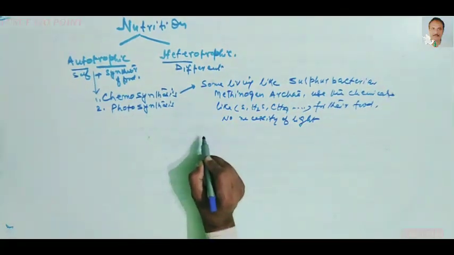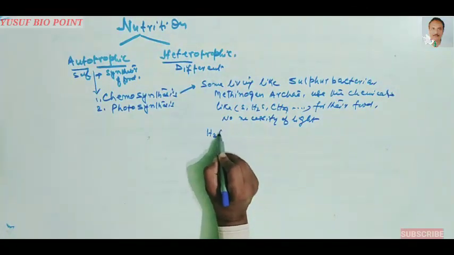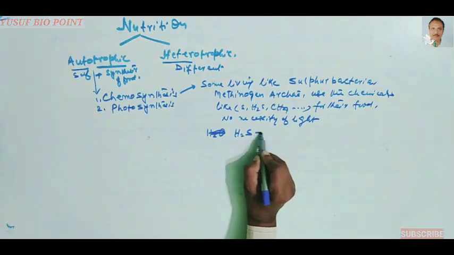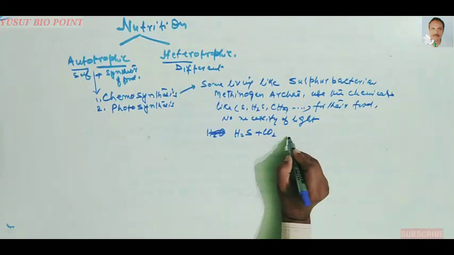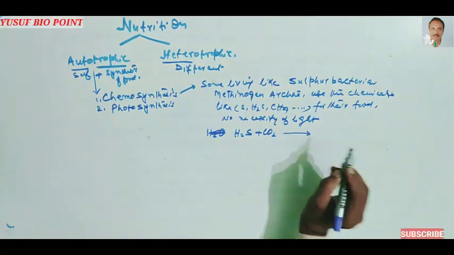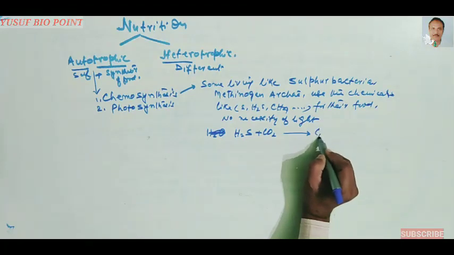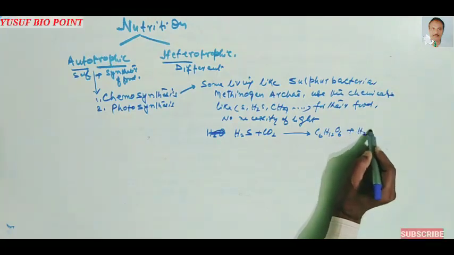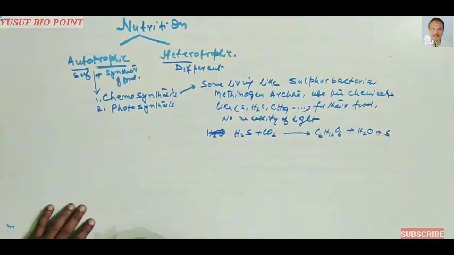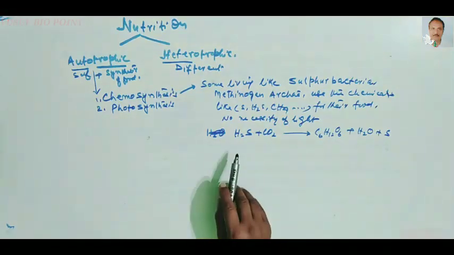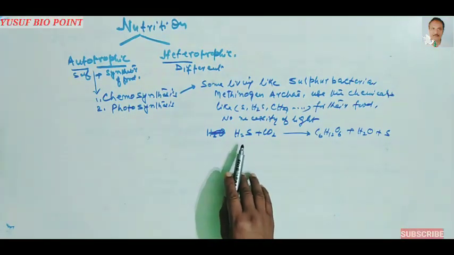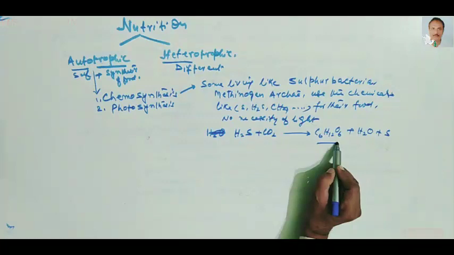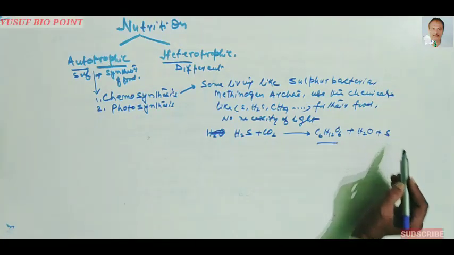The equation is H2S plus CO2 gives C6H12O6 plus H2 plus S. In this equation H2S combines with CO2 and glucose is formed, and finally sulfur is eliminated.